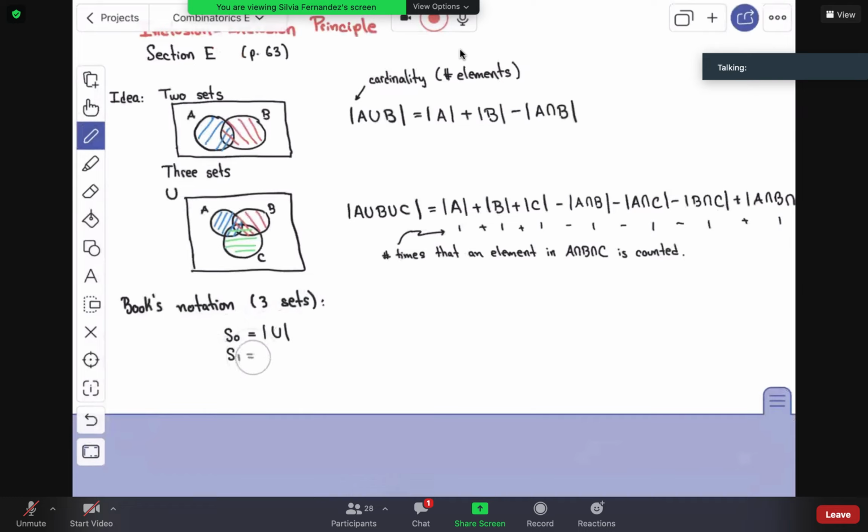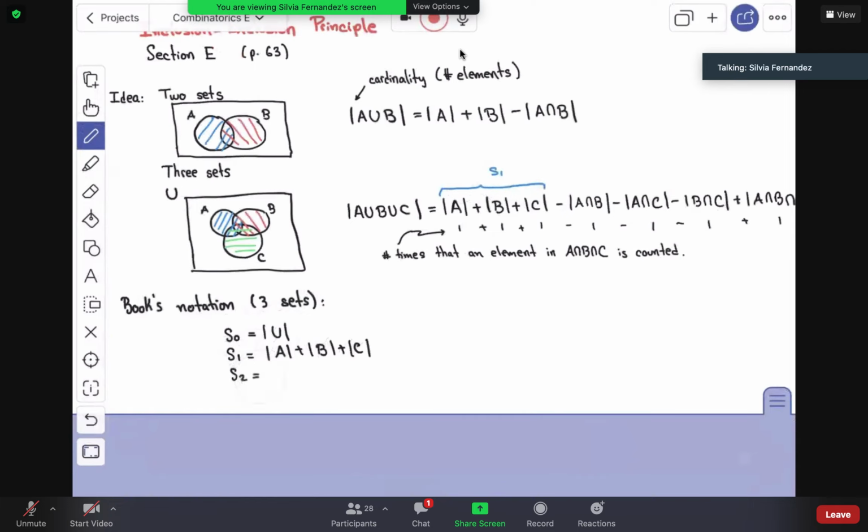S1 is going to be the sum of the number of elements in A, the number of elements in B, the number of elements in C. So that would be this, right? That would be S1.